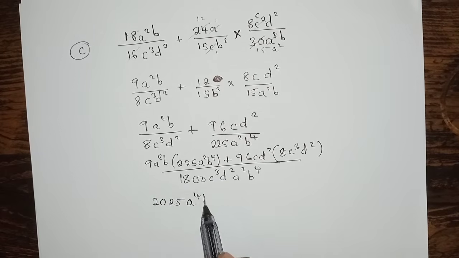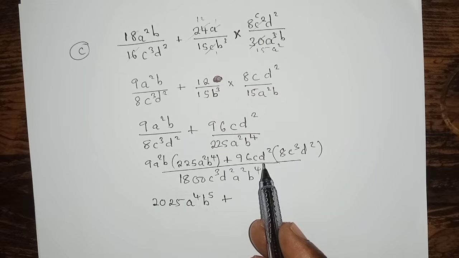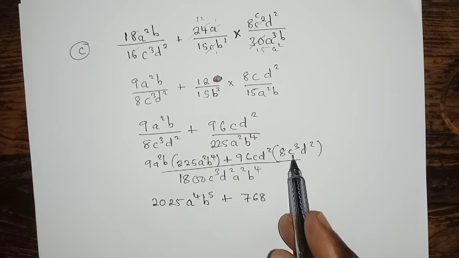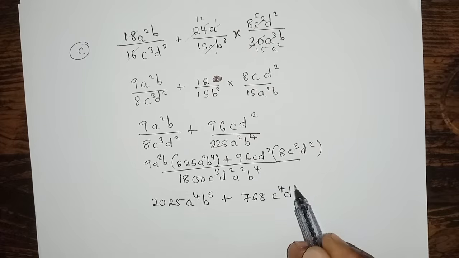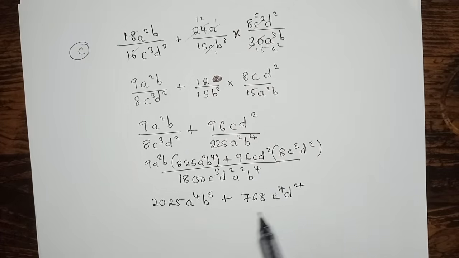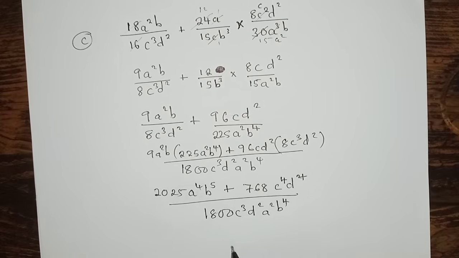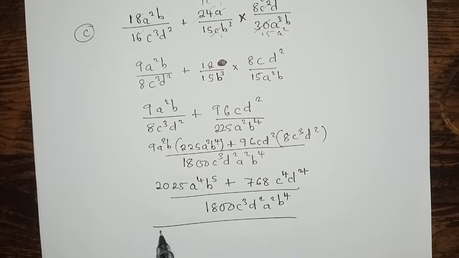B by B to the power 4, it's B to the power 5. Plus 96 times 8. So 96 times 8, we are getting 768. C multiplied by C power 3, it's C power 4. D squared multiplied by D squared, it just gives us D to the power 4, over this right here. Okay, so this is our solution. We end right here.